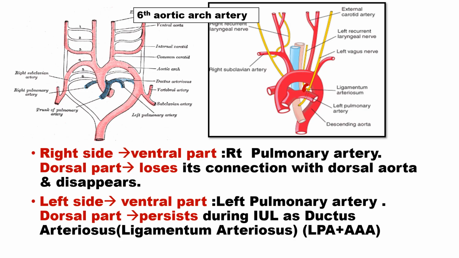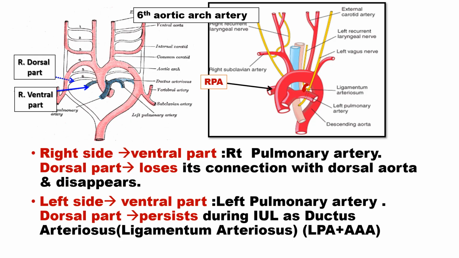The sixth aortic arch artery on the right side, the ventral part, forms the right pulmonary artery. The dorsal part of the sixth aortic arch artery loses its connection with the dorsal aorta and completely disappears.